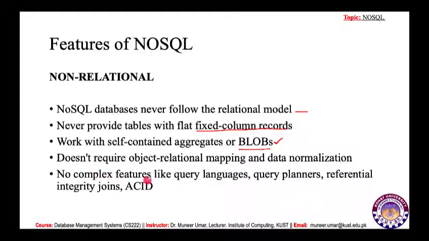No complex features like query languages, query planners, referential integrity, joins, and ACID. As we have all these in RDBMSs, these are not present in NoSQL, as NoSQL is non-relational.